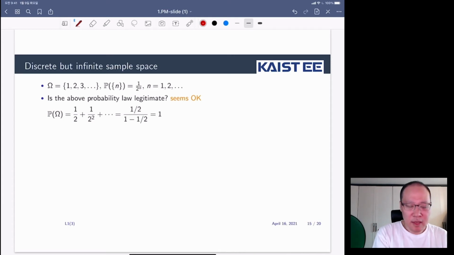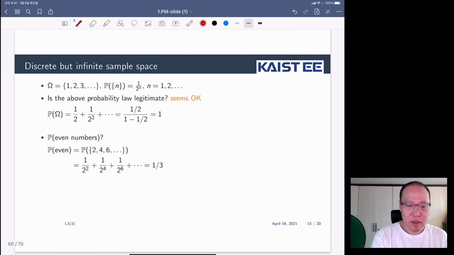And it turns out that it's true, because the probability of the whole thing is 1 over 2 plus 1 over 2 to the 2 and so on. And we know how to calculate this. So it's 1 over 2 divided by 1 minus 1 over 2. That is equal to 1. Now I'm interested in the probability of the even numbers.